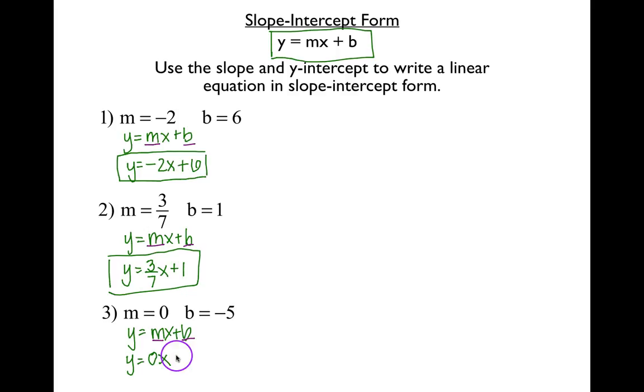So notice I'm not going to write plus -5. I would just simplify that to just -5. Now, one more thing. Would I write 0x minus 5? No, because 0 times x is 0. So that would only leave me with y equals -5. So that would be my equation. And that's all there is to it.